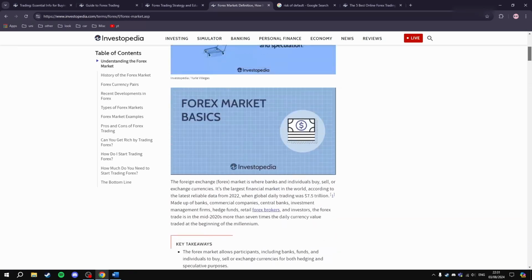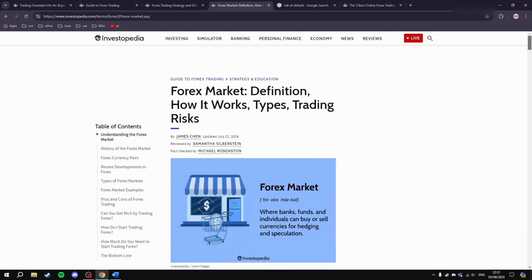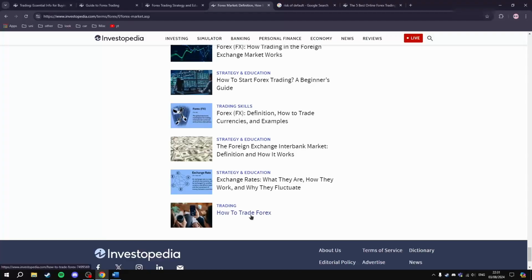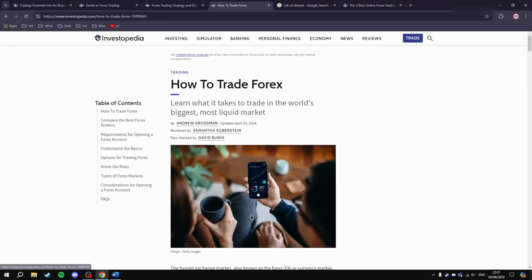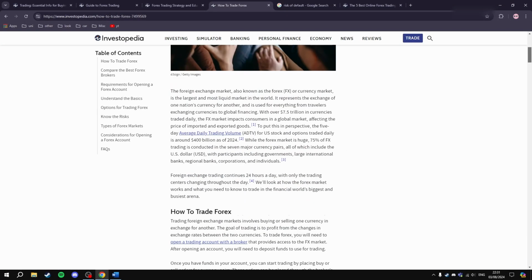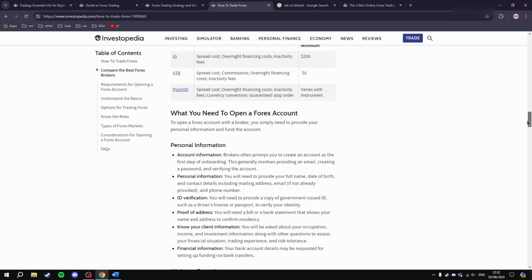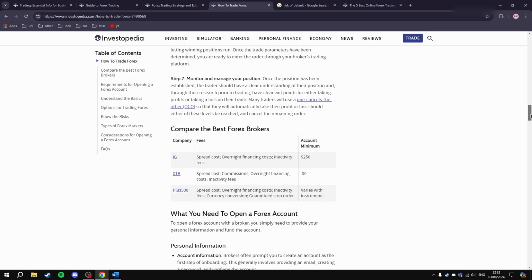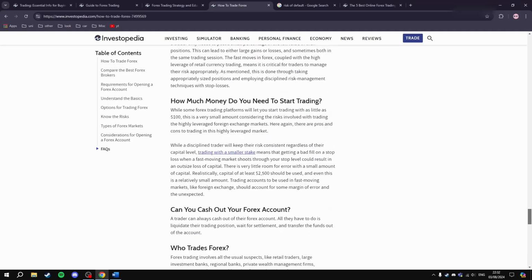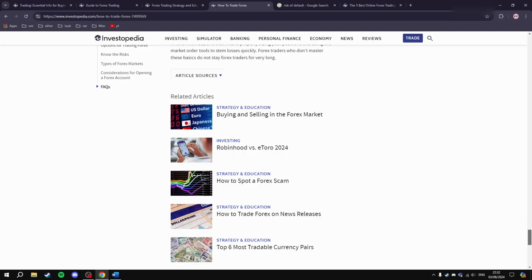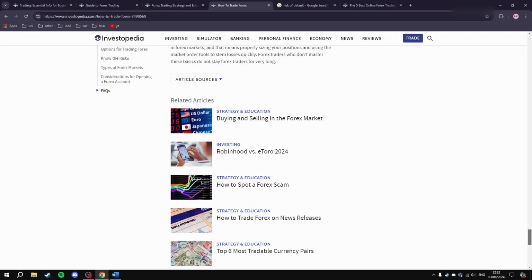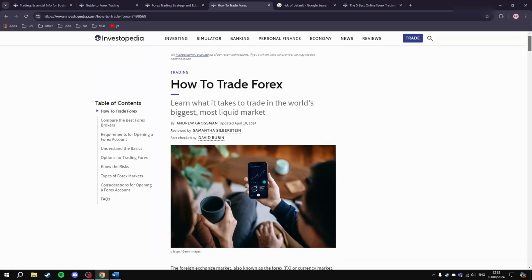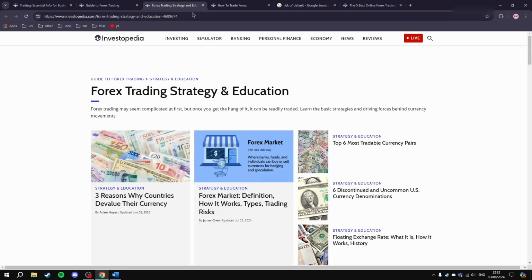And this is one of the articles in strategy and education. Okay, so what's this one? How to trade forex. Okay, that looks sensible.